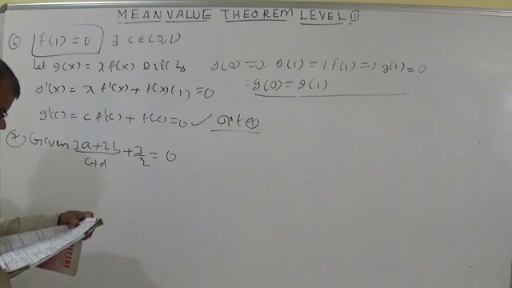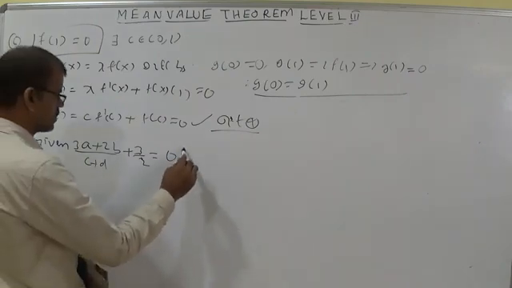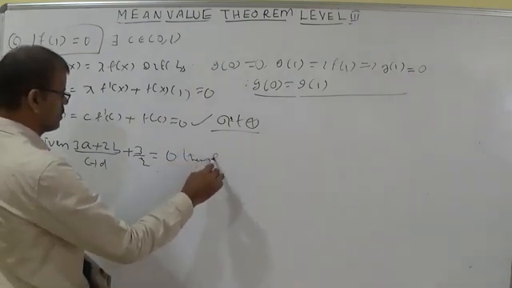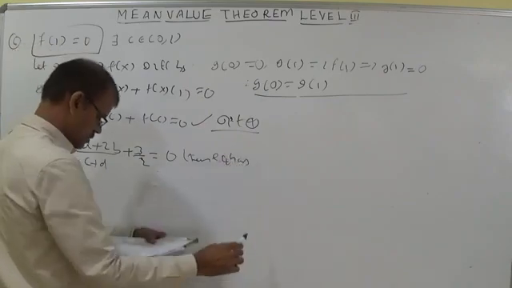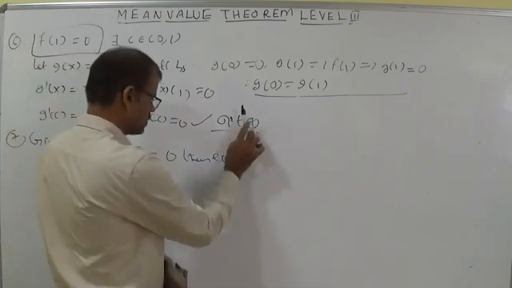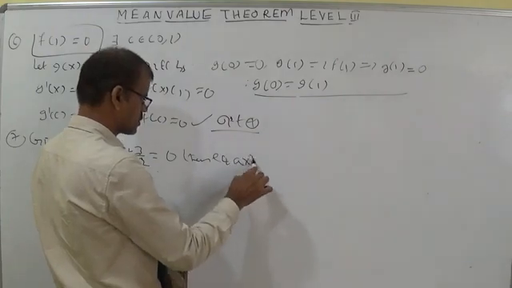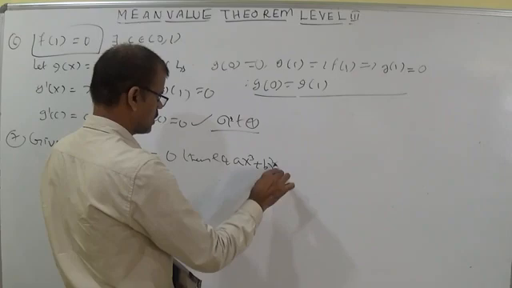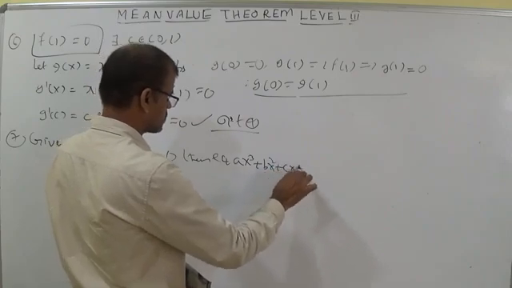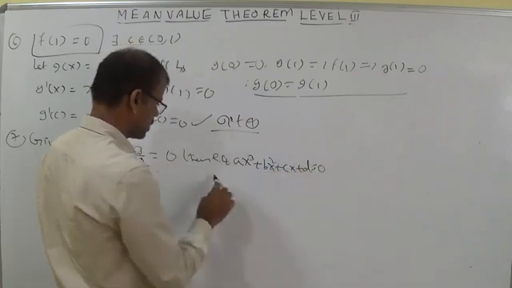Then the equation ax cube plus bx square plus cx plus d equal to 0 has been asked.